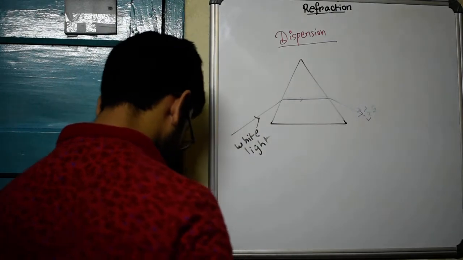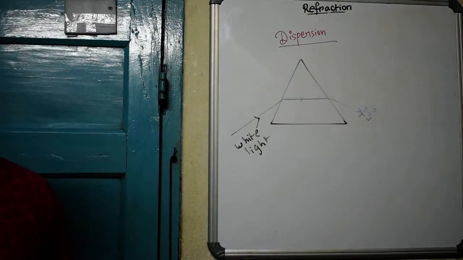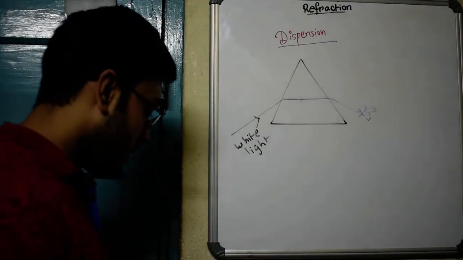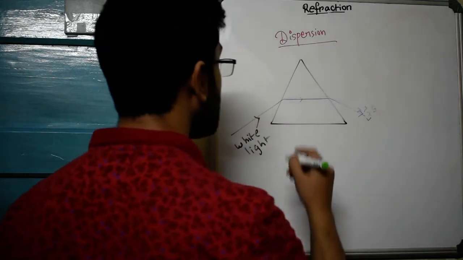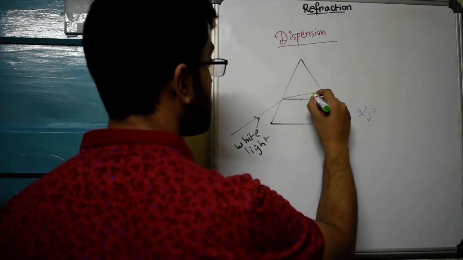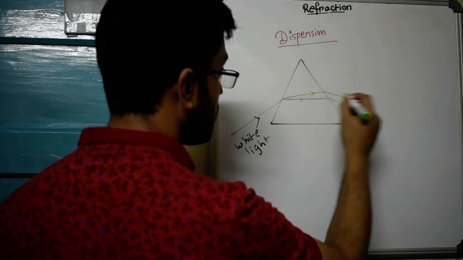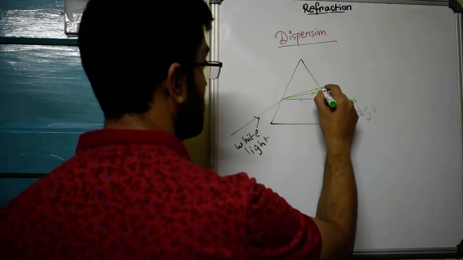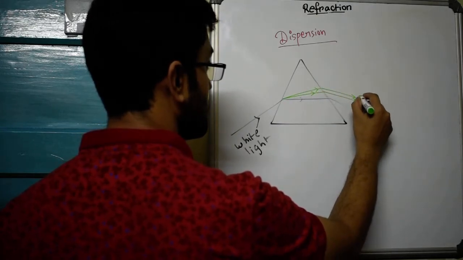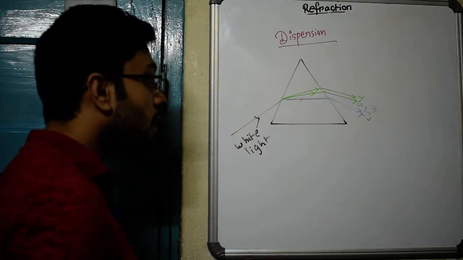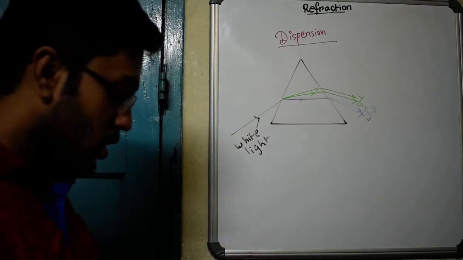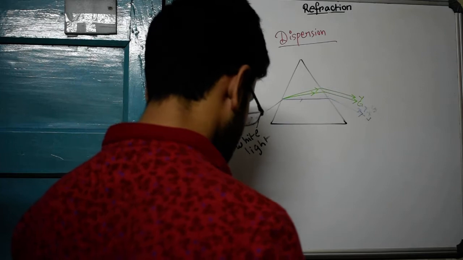Then we have green color of light. Again, I don't have yellow, so let this be yellow as well. So these are the green and yellow. And finally, we have the orange and the red color of light.